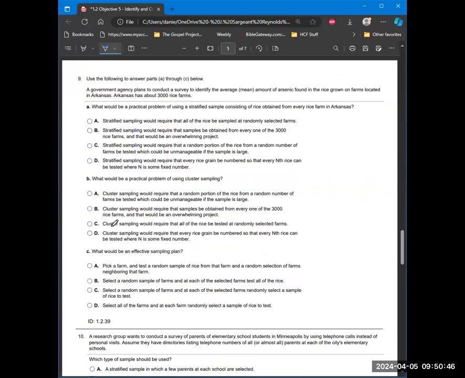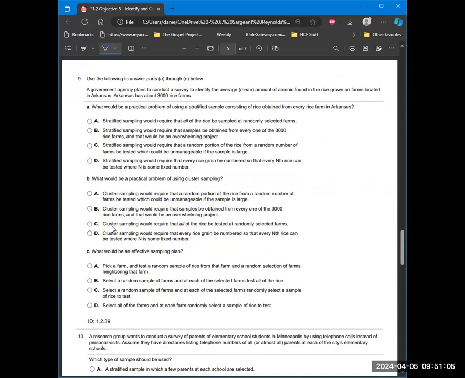Let's use the following to answer parts A through C below. A government agency plans to conduct a survey to identify the average or mean amount of arsenic found in the rice grown in farms located in Arkansas. Arkansas has about 3,000 rice farms.